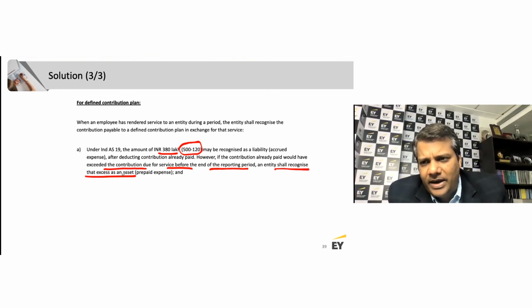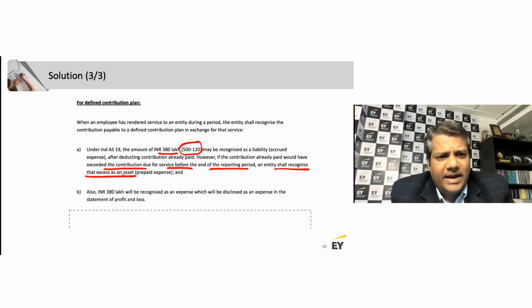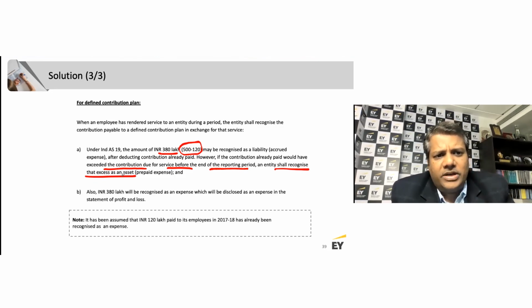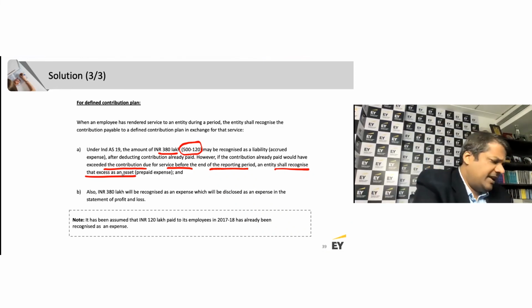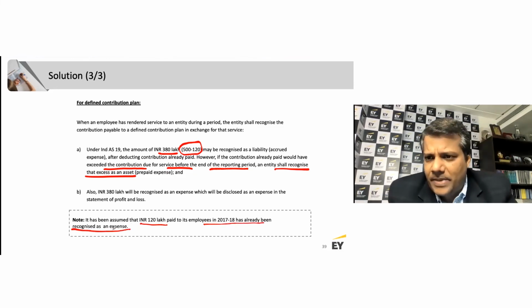Since I've already paid 120, the entire 500 will go to expense, unless something goes to inventory, PPE or intangible assets. So 380 lakh will be recognized as an expense over and above the 120. The entire expense is 500. It has been assumed that the 120 lakh paid to employees has already been recognized as an expense.